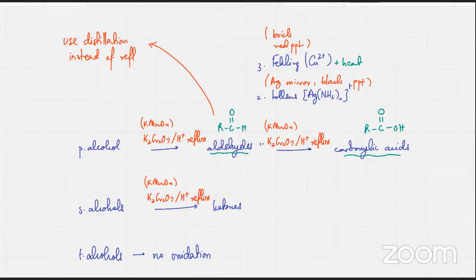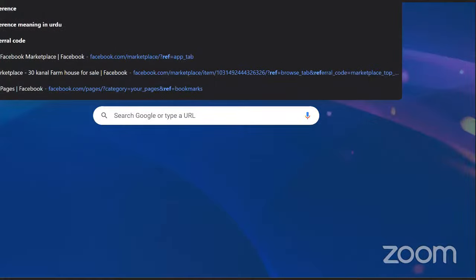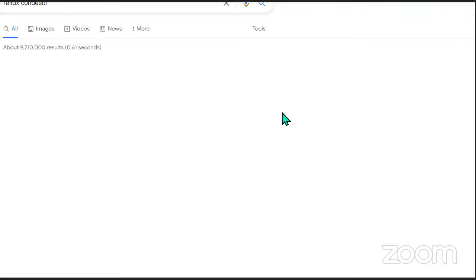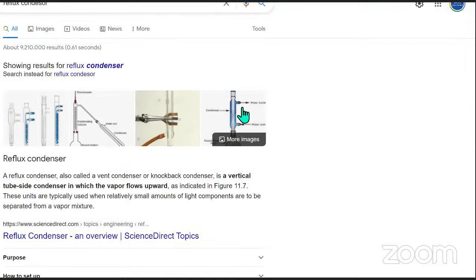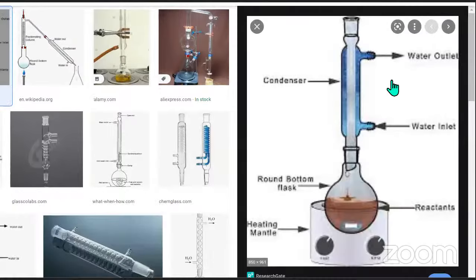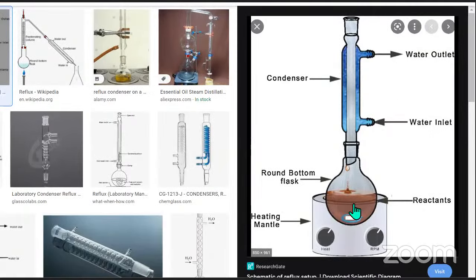Now, if you know what reflux, or heat under reflux, is: reflux doesn't allow things to escape from the flask. That's how a reflux condenser works. You're basically trying to heat the substance, but if the substance is volatile, it's going to evaporate. So you don't want it to evaporate, so you put a condenser on top.